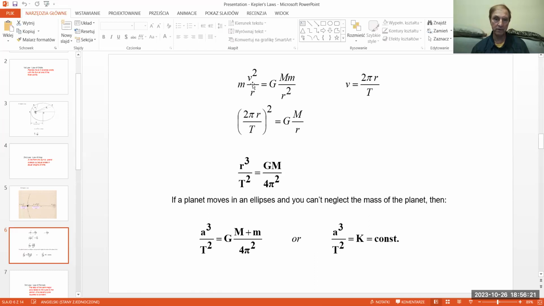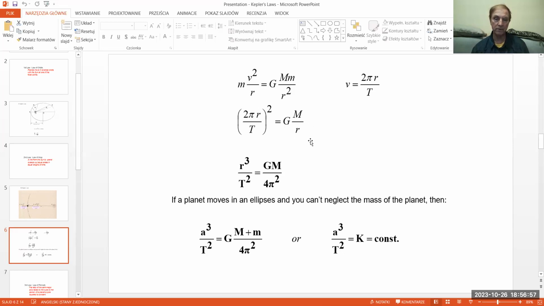Upon substituting v with 2 pi r divided by T, you get the left-hand side of the equation written like this, and the right-hand side, after cancellation, is given like this.